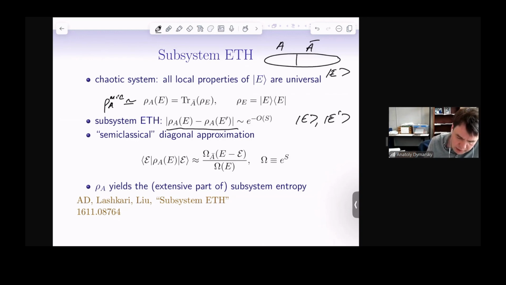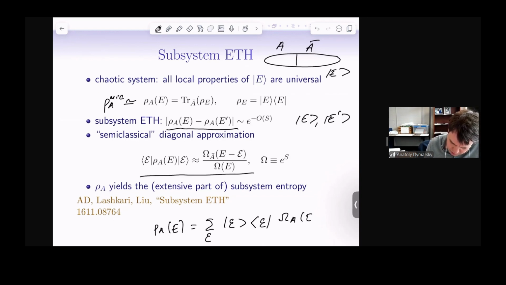And basically, we end up with the following formula for the diagonal matrix elements of a reduced density matrix. We can write it slightly differently. We can write that rho A, the reduced density matrix, is the sum over all eigenstates of a subsystem. The subsystem doesn't have to be small. And then I will have these coefficients here.